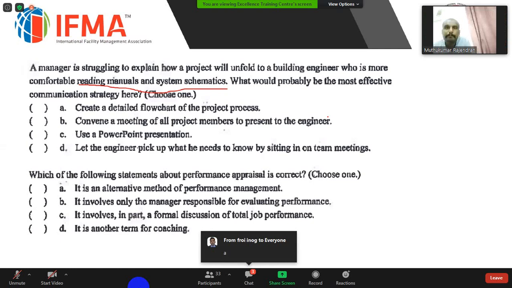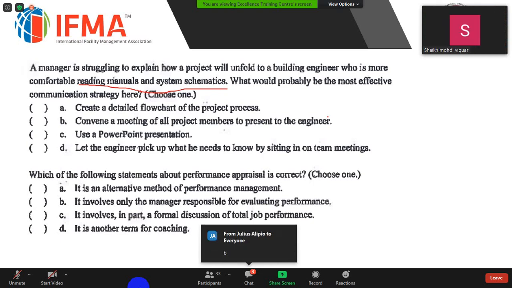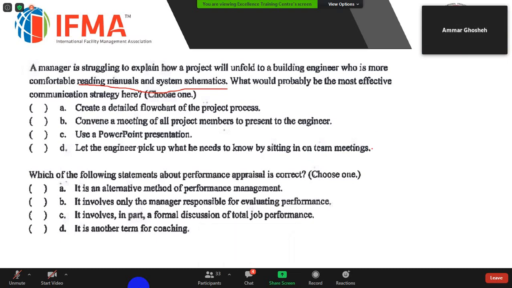D, flow chart. Just a minute. You have to look at the hints in the answer. The hint is reading manuals and system schematics.